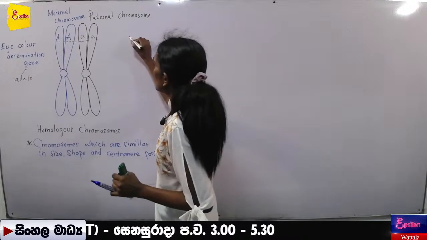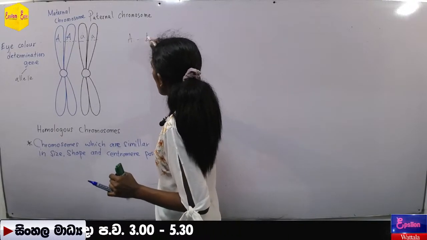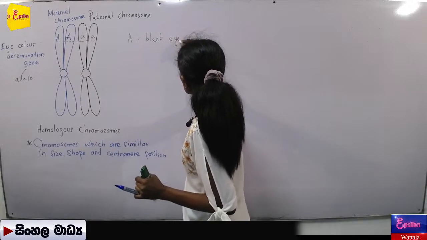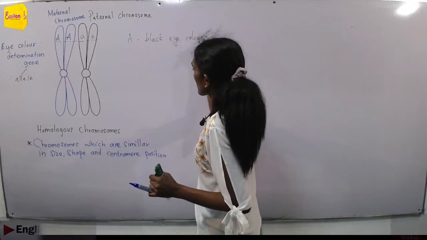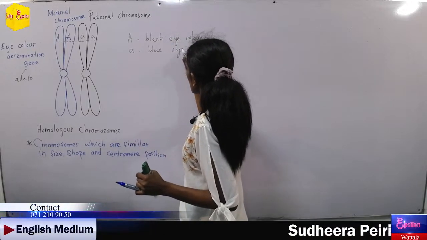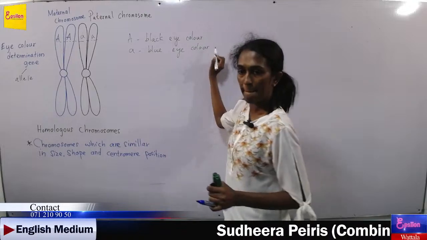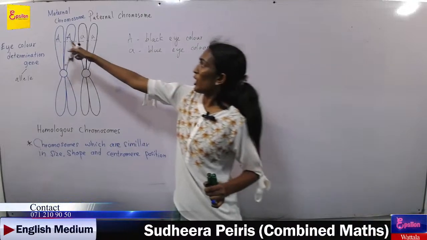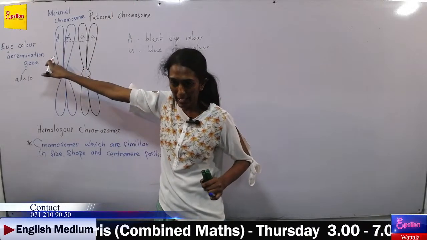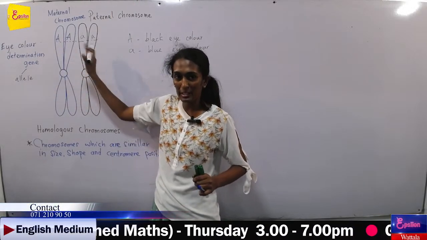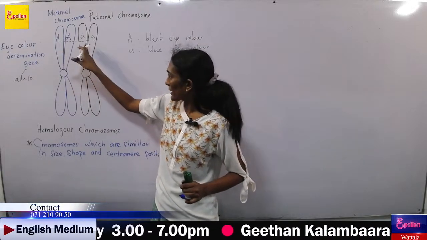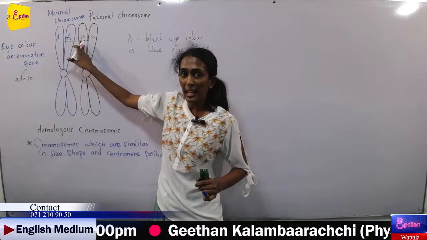For example, capital A would be determining black eye color. Simple a would be determining blue eye color. Capital A we call the dominant one, so the character will come out because of capital A. So what color would this individual's eyes be? Black eye color. Okay. So what is hidden here is called the recessive one.